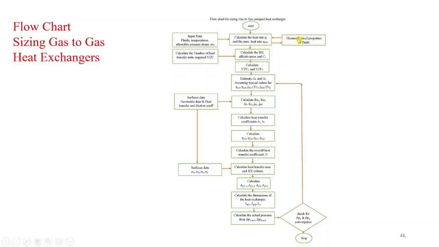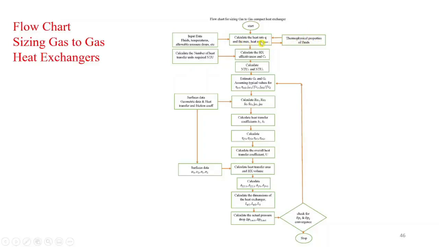We would also like to find the thermophysical properties like the CP, the viscosity, thermal conductivity, and Prandtl number for the fluids used in this heat exchanger. So this has to be provided as a subroutine, for example.